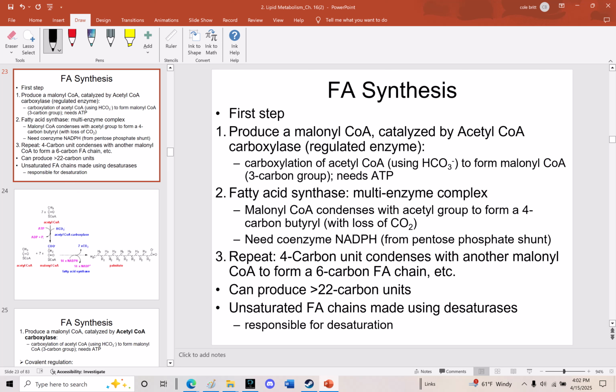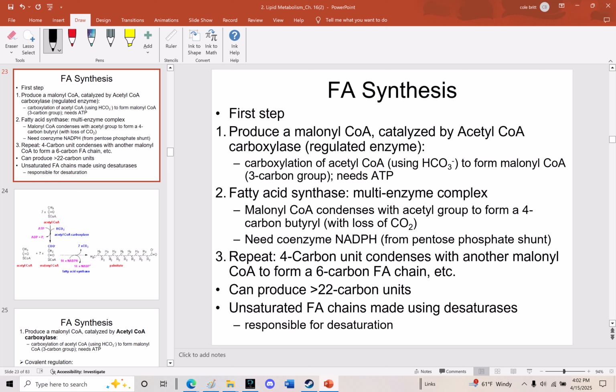But all that's going to happen is this malonyl-CoA is going to condense. That means it's going to covalently bond, add itself, with an acetyl group to form a 4-carbon butyryl, which I don't care if you remember. But essentially, you have malonyl-CoA that's going to condense with another acetyl group.